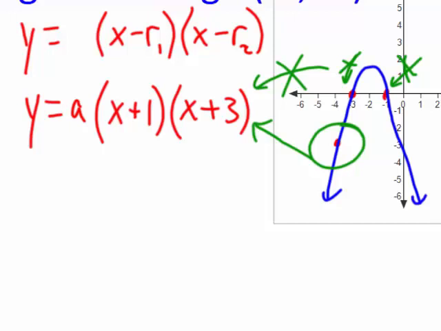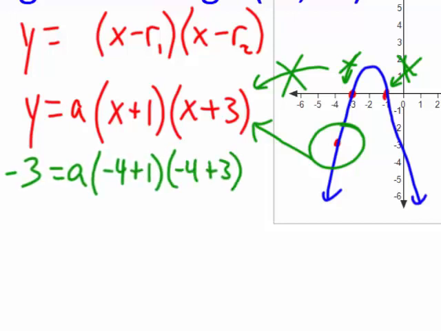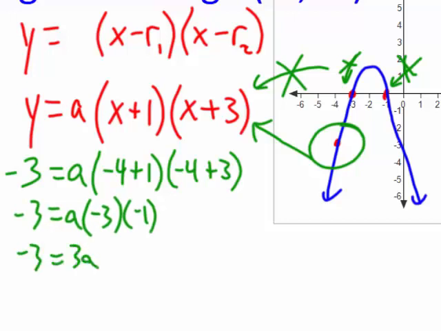The only one I know is the point (-4, -3). So I'm going to plug in -3 for y and -4 for x. And we would have a times -3 times -1, so that's 3. So -3 equals 3a, so a ends up being -1.